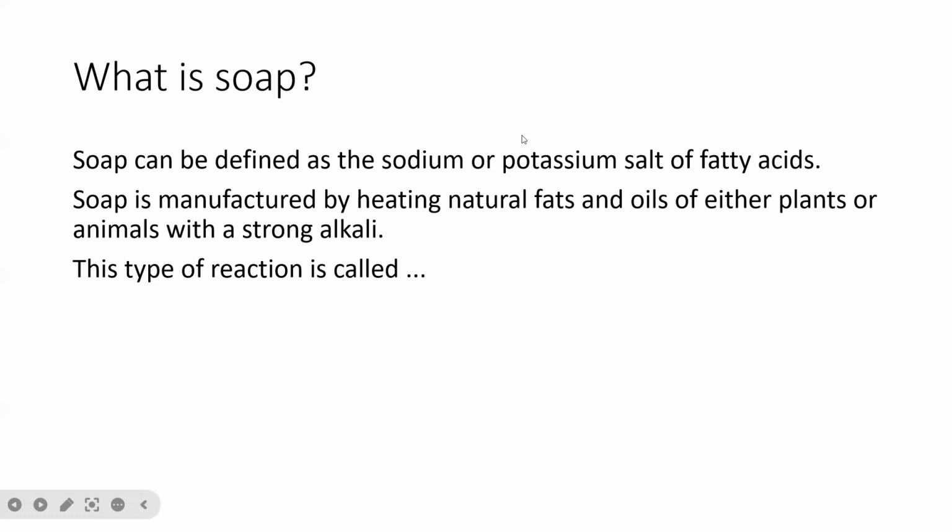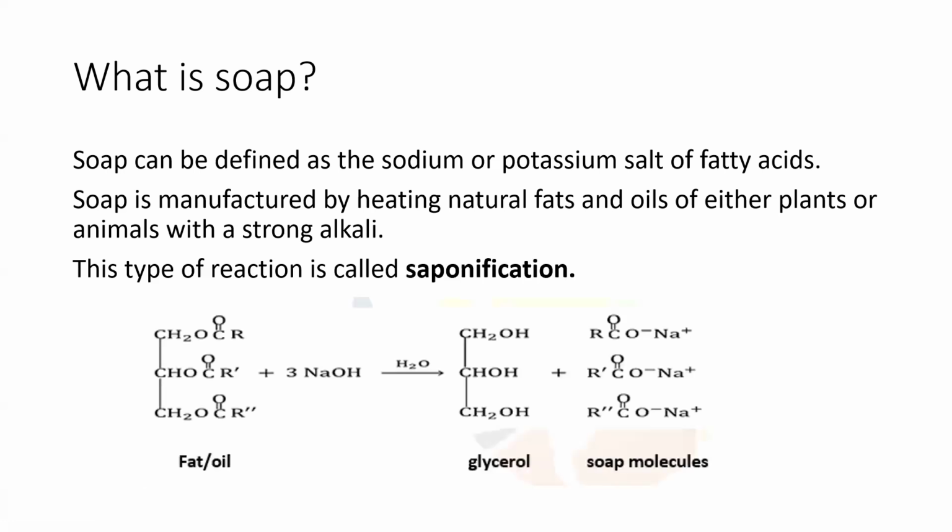Saponification. Very good. That change is called saponification. And as we can see right here, the fat molecule is reacting with 3 moles of sodium hydroxide to produce glycerol and soap molecules.